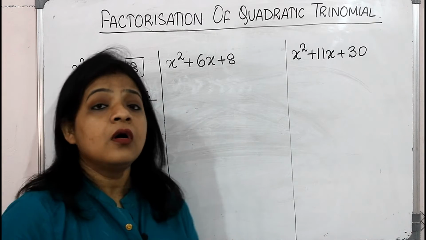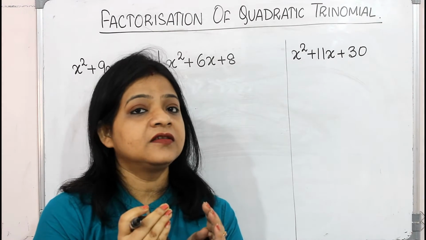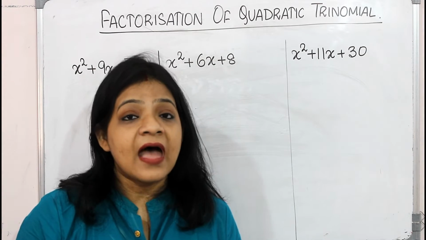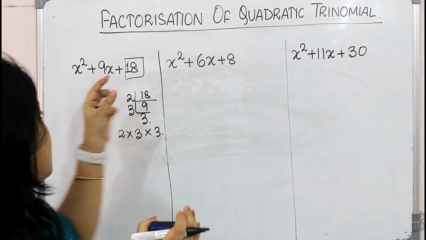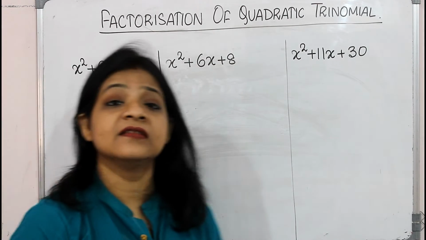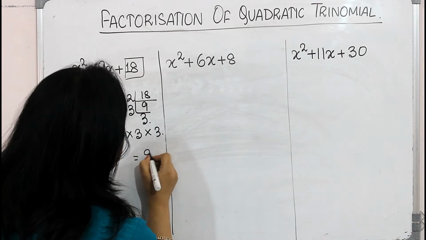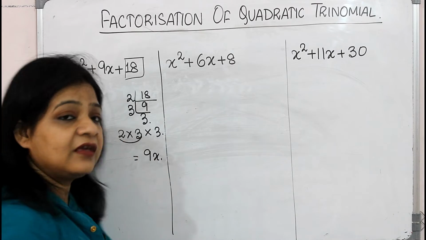Now you choose the combination of factors of 18 in such a way that their sum is equal to 9x. Which combination will give us 9x? 2 into 3 is 6.